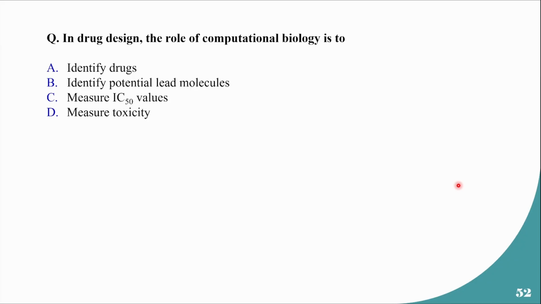So that is a treatment for the different diseases. So in drug discovery, the role of computational biology is basically to identify potential lead molecules. Computational biology serves as the initial part of the entire pipeline for drug discovery, where you are narrowing down from a large search space of different small molecular structures to a particular small set of compounds that you can ultimately proceed forward with your wet lab experiments and clinical trials and such, right?